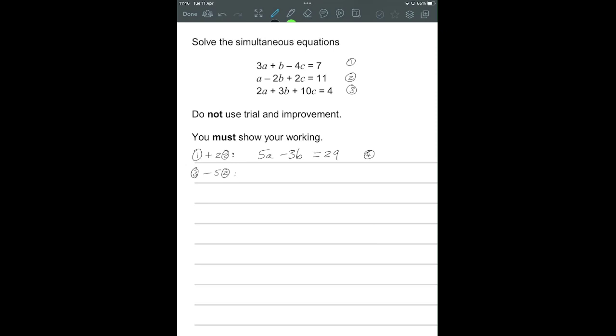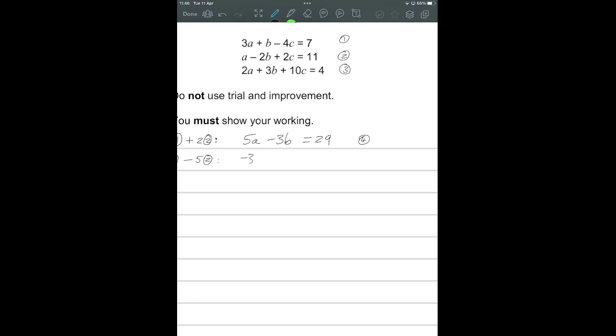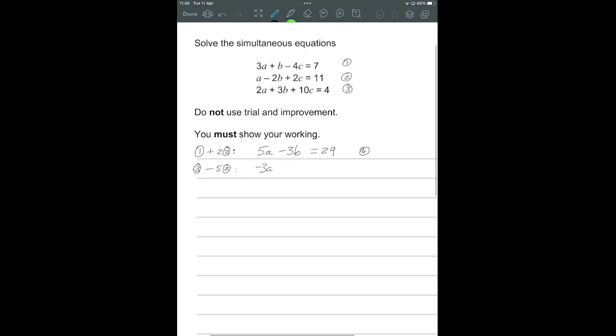For the a's, 2a, subtract 5 lots of a, gets me to negative 3a. 3b, subtract off 5 lots of negative 2b, so I'm adding 10b, so that gives me 13b. The c's, 10c minus 5 lots of 2c cancel. The 4 minus 5 lots of 11, I'm going to do that one in my calculator. 4 minus 5 lots of 11 comes out as negative 51.